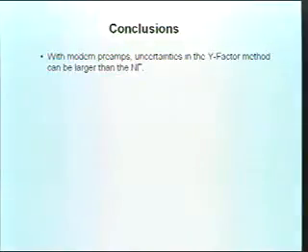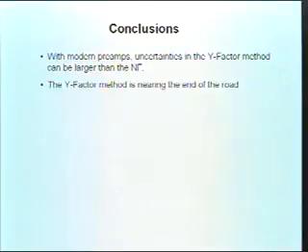So the conclusions, before I hand over to David, are that the uncertainties can be larger than the thing you're trying to measure. And I think this means that for us, the Y-factor method is coming to the end of the road. We need to find something better.